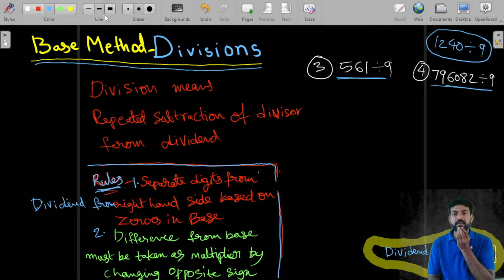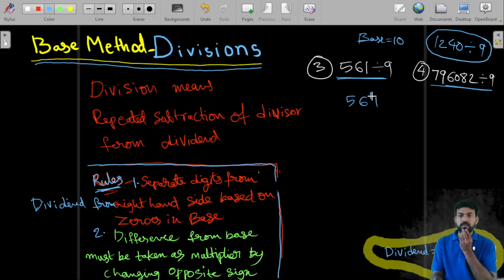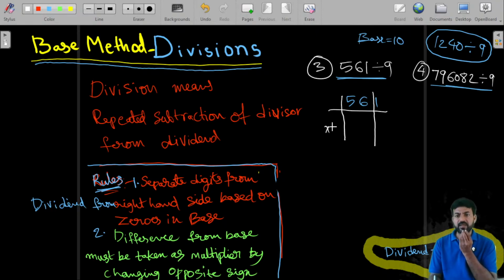Okay, I will explain. So again base is 10 here. So separate 1, because base has 1 zero. So again multiplier is 1.